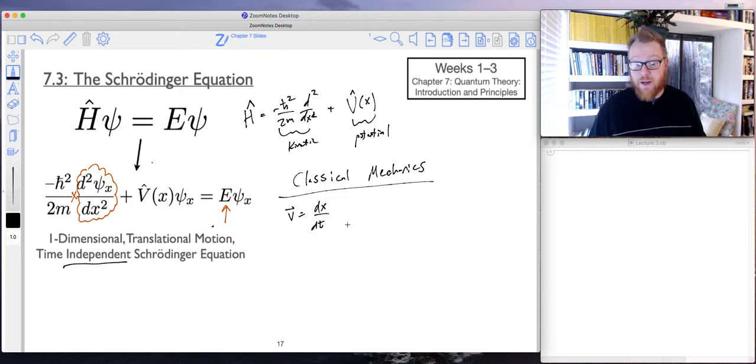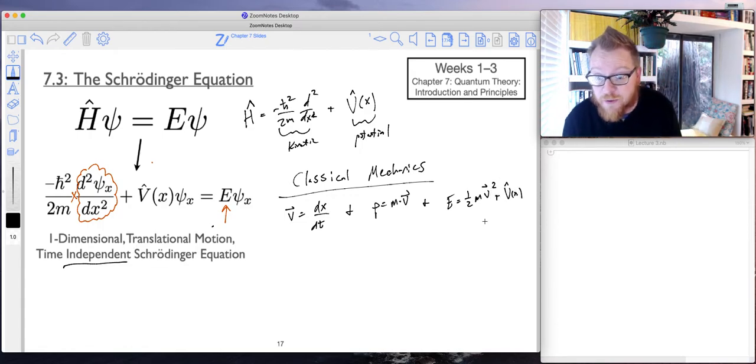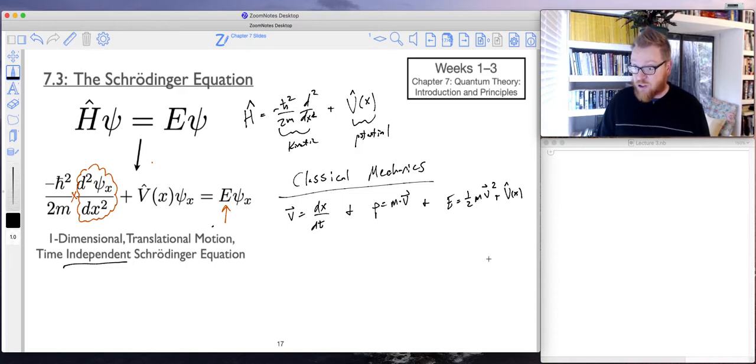So that's the derivative of the position, x, with respect to time. We also know that momentum is mass times the velocity, okay? We know that total energy is going to be 1/2 mv squared, as well as some arbitrarily defined potential energy operator.